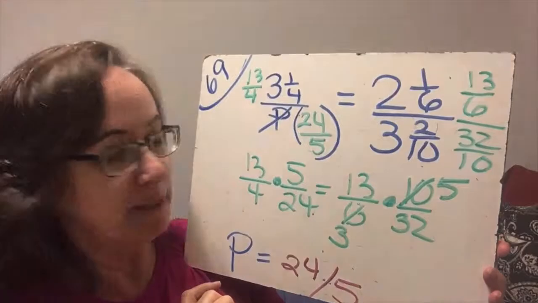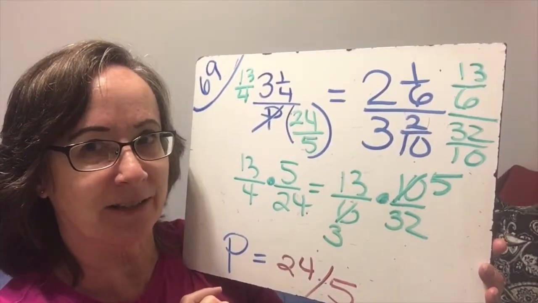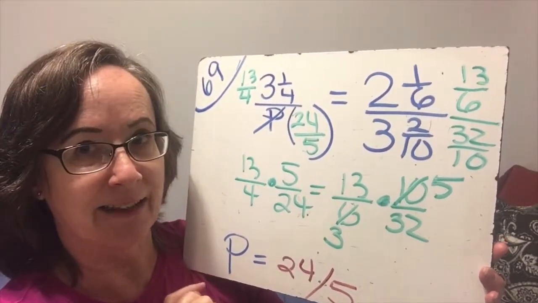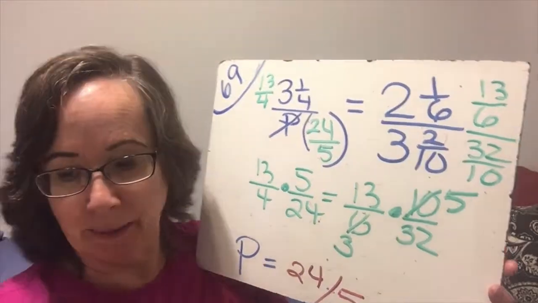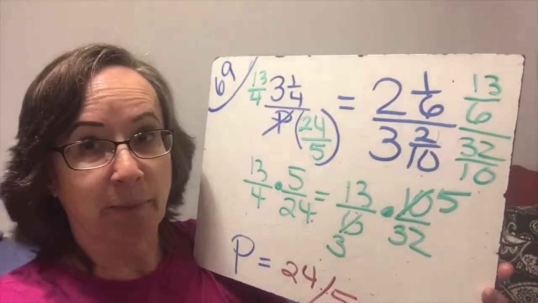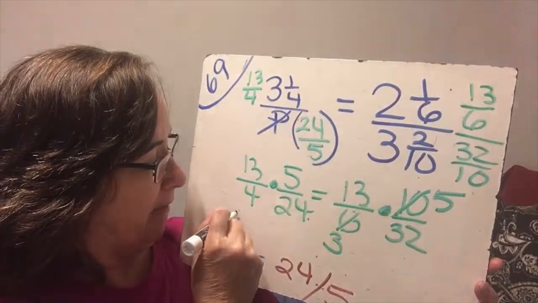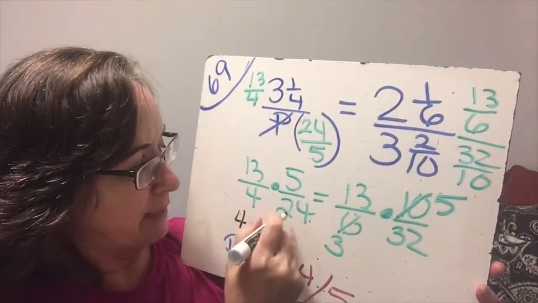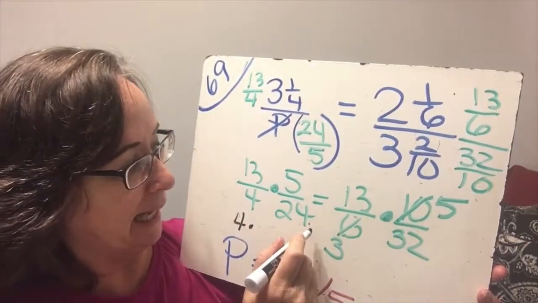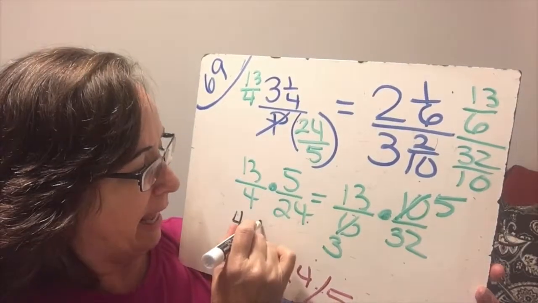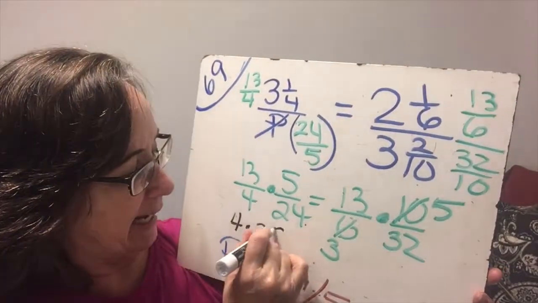Let's see. Sometimes it's easier and faster if we factor instead of multiply. So what I mean by that is this. On the bottom, on the left, I have a 4 times, and then I'm going to write 24 as a 3 times an 8.